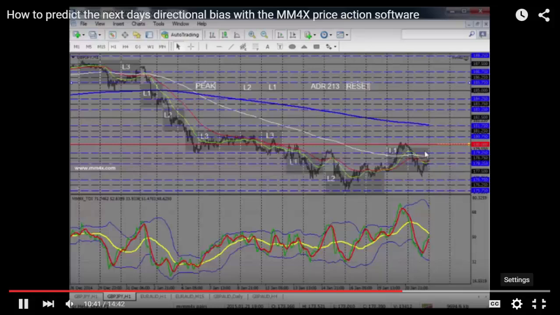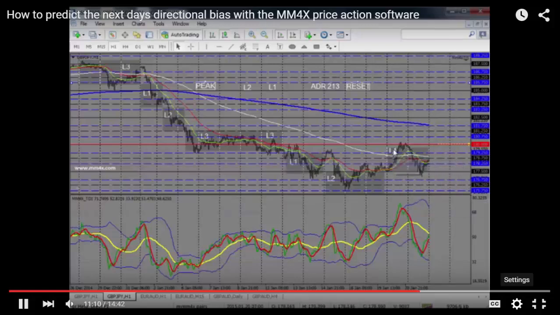now it's just chopping. So if the pair fails to break this 200-day moving average to the upside and continue on in a cycle level 2 to level 3, then what will happen is the pair is going to cycle up to this, probably around this number again at 180, and it could bounce and cycle back down.